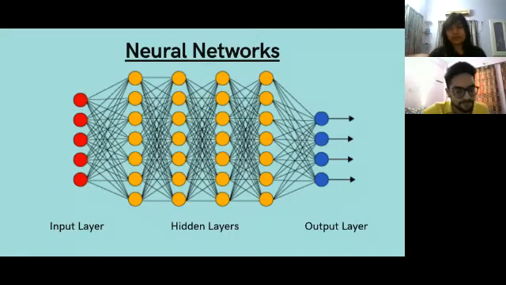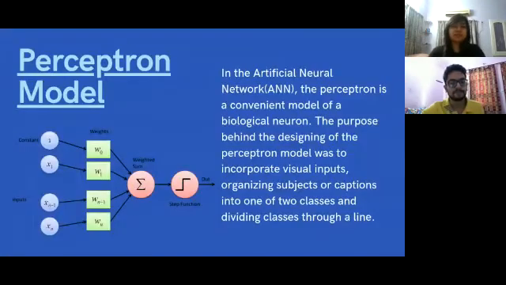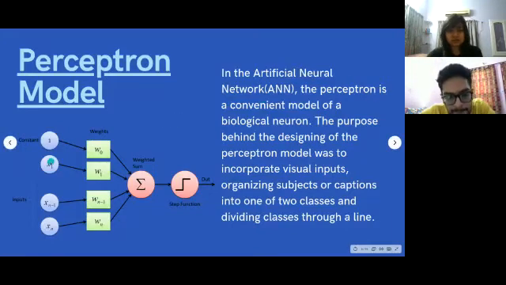So hello everyone. We are going to begin with the perceptron model, which is the most basic unit of a neural network. Why the perceptron model? It is basically out of use and mostly used to explain neural networks to beginners. We will begin with the parts of the perceptron model.